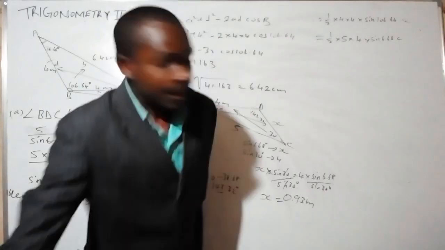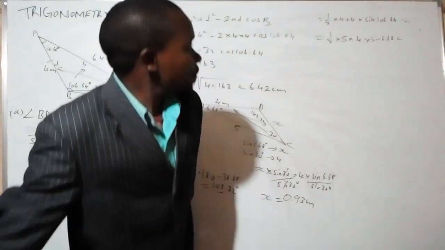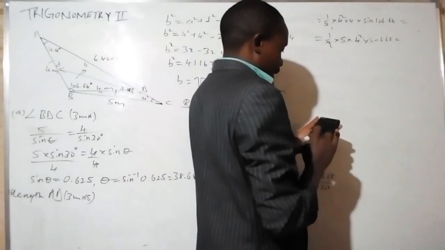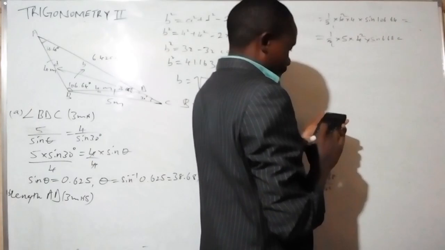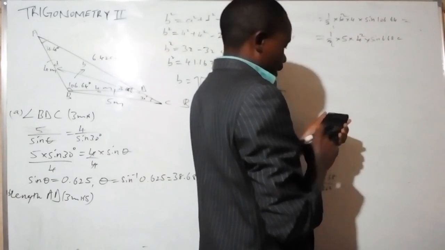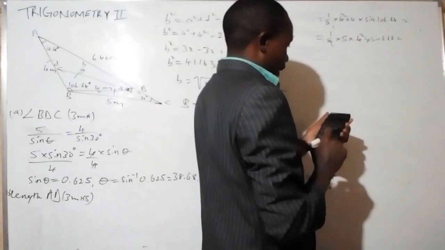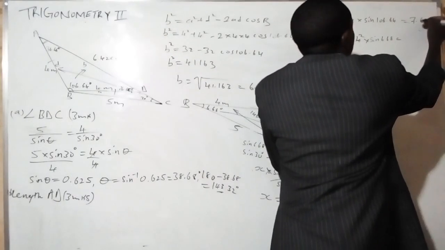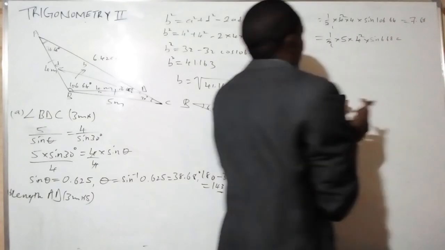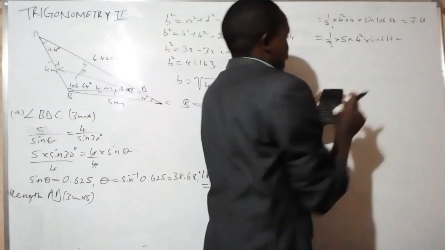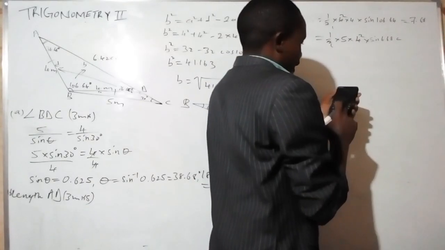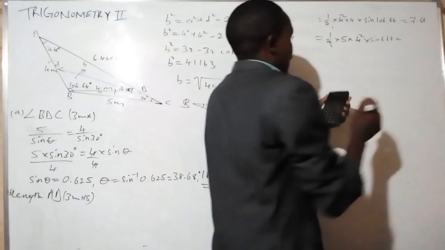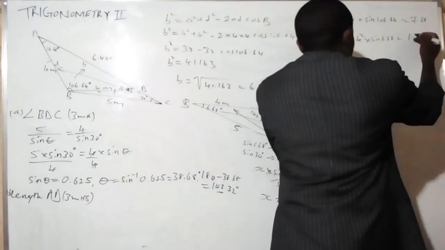One by 2, 2 by 2, 8 times sine 106.64. We get 7.66. 10 times sine 6.68, we get 1.16.